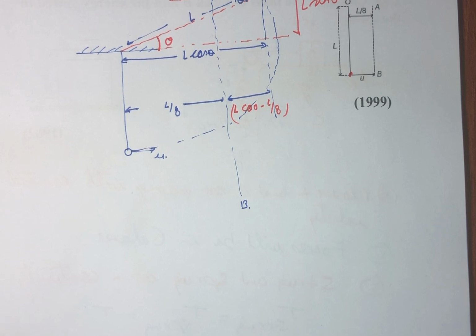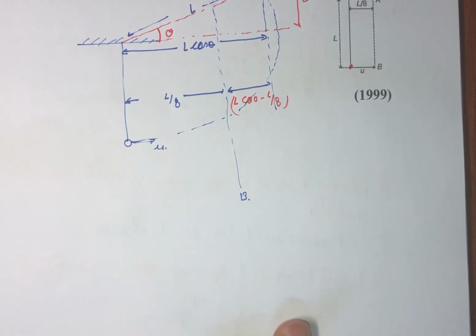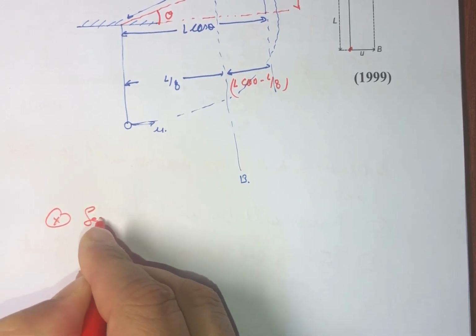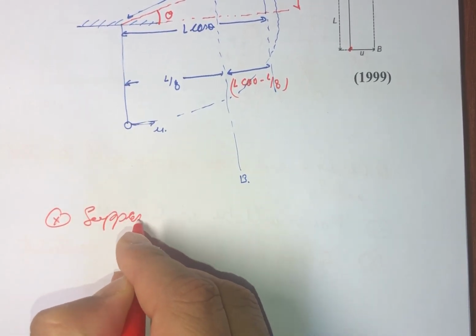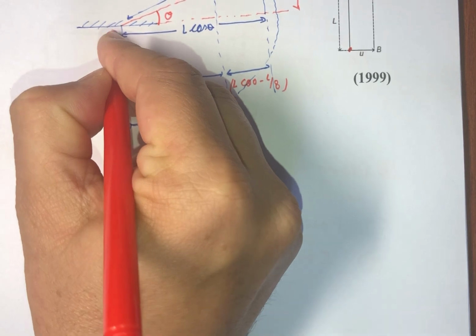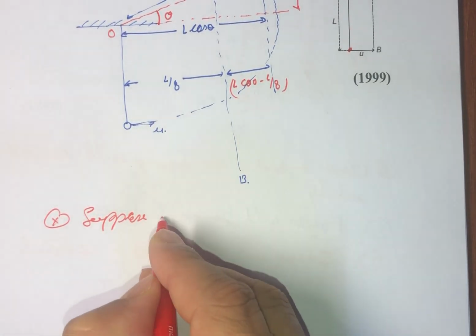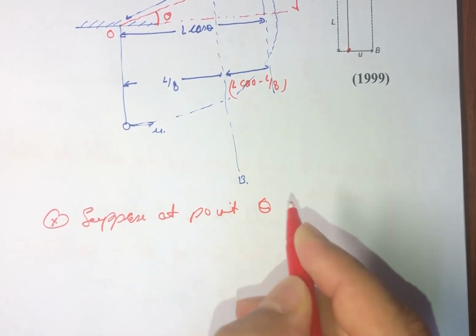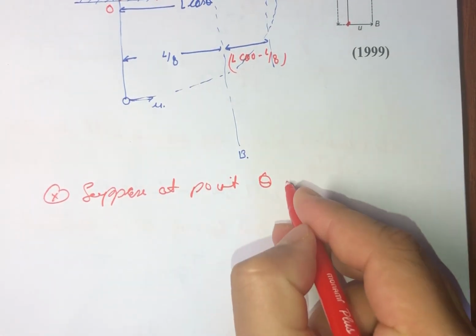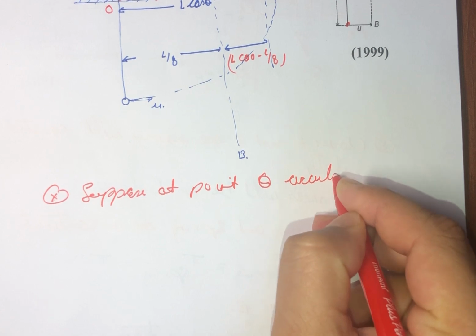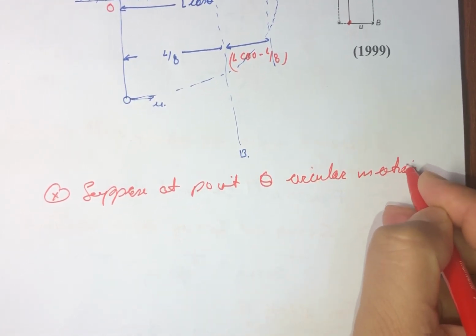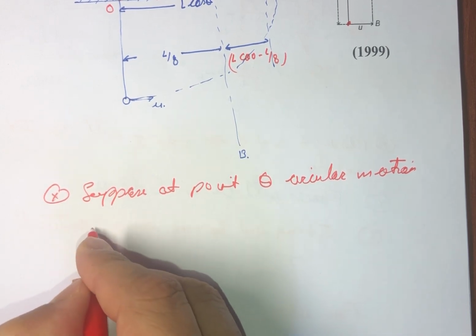So let us say that suppose this is point O. Suppose at point Q, circular motion ceases to exist.